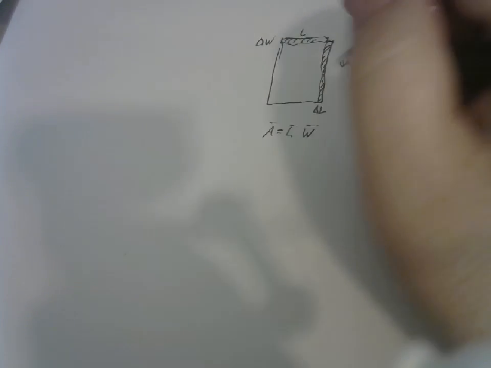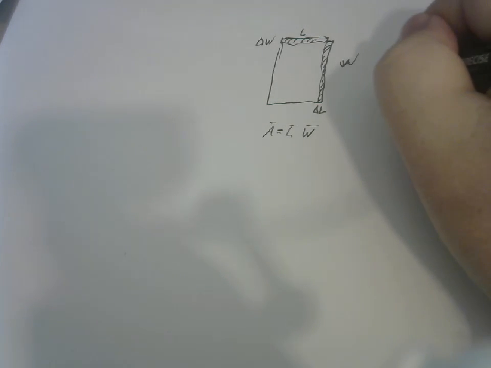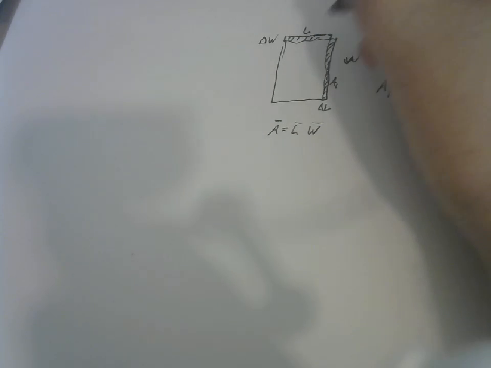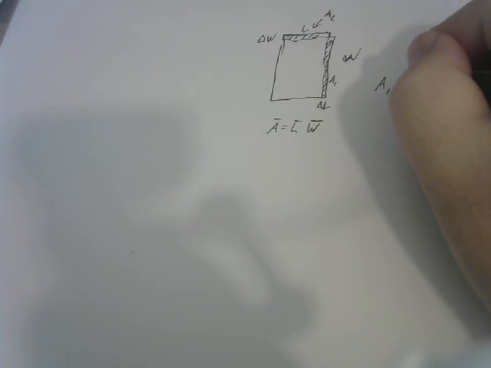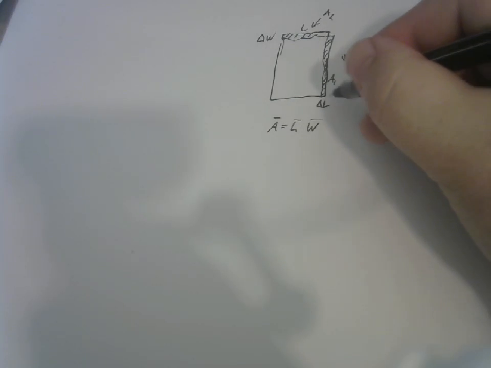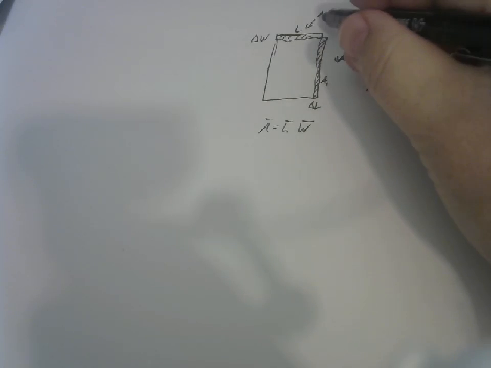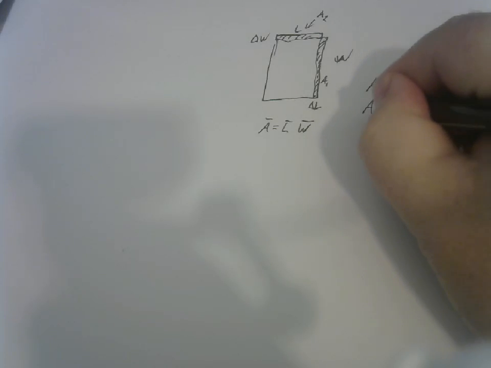To find the actual uncertainty, we're going to take this rectangle, let's call this area 1, and this rectangle that is area 2, and area 1 is the width times delta L, and area 2 is L times delta W.